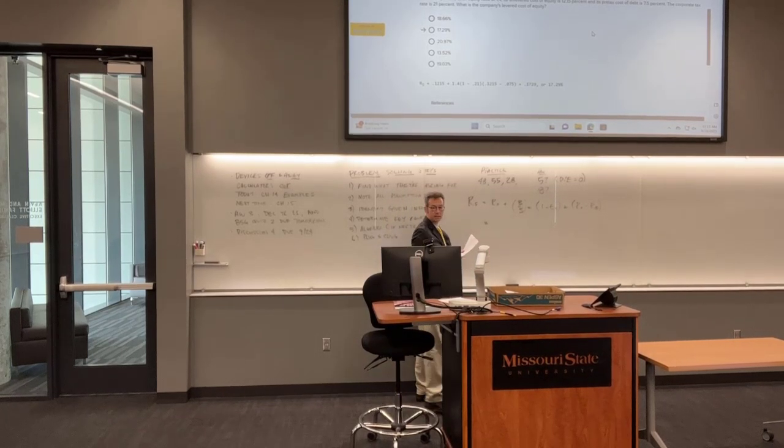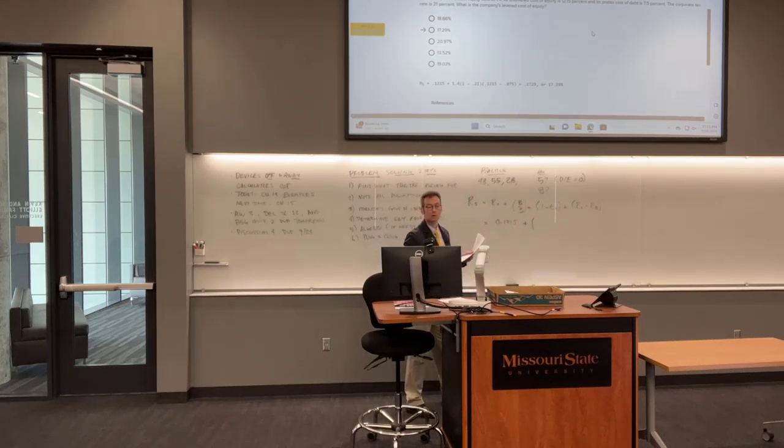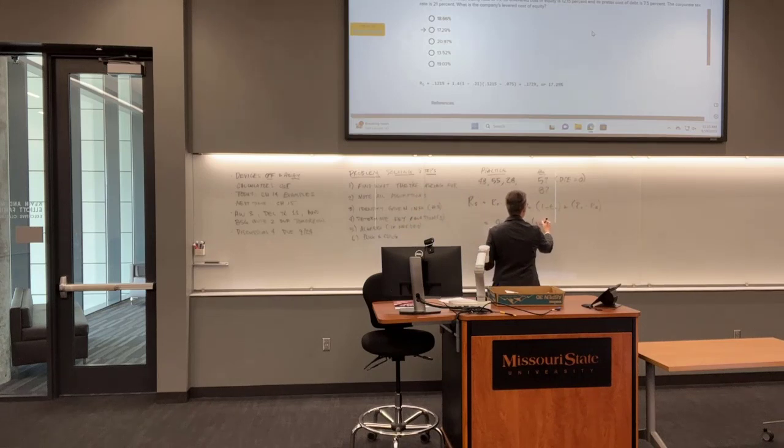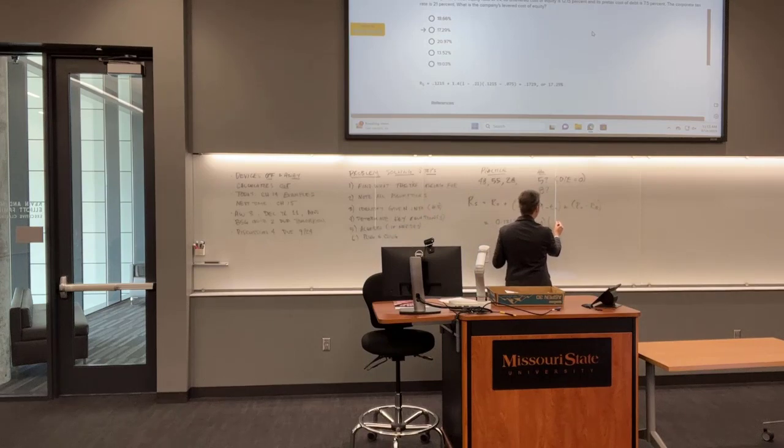What is the unlevered cost of the equity? 0.1215 plus, what's the debt to equity ratio? 1.4. Multiplied by 1 minus T sub C. What's T sub C? 0.21, so we're going to say this is 0.79.